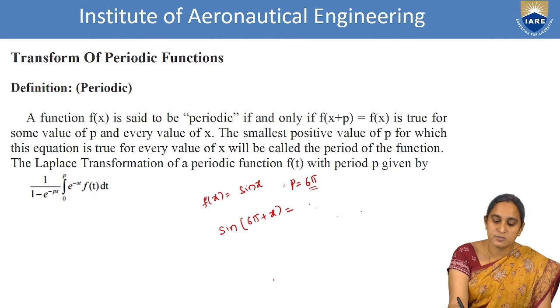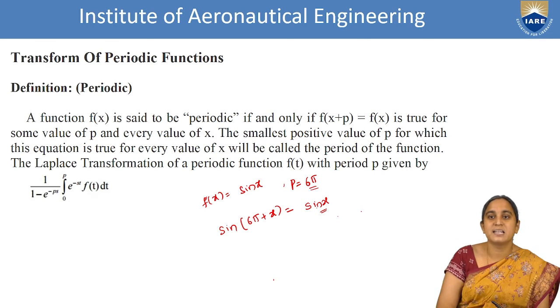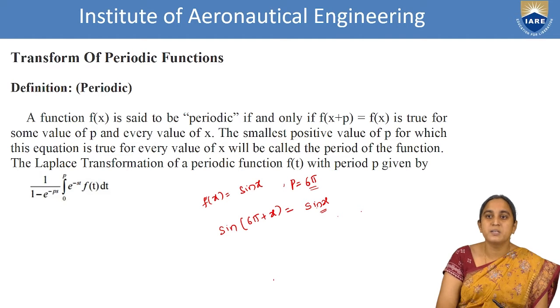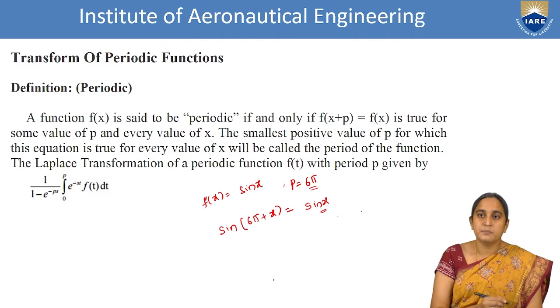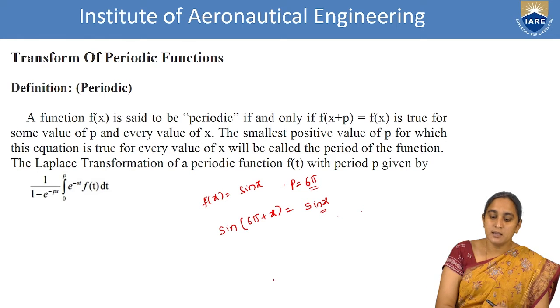For that case also we got the same function, sine x. That means this is also a periodic function at 6 pi. What we observed is that for the particular values 2 pi, 4 pi, 6 pi, in all cases we got the same function, sine x. Therefore, sine x is a periodic function.